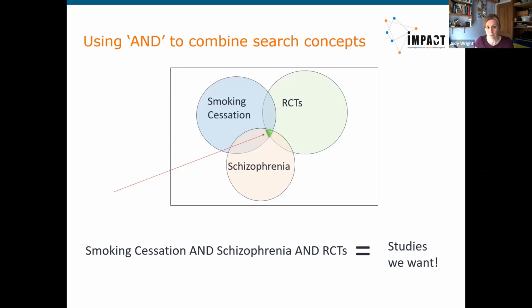Only those are relevant. I'm not interested in smoking cessation trials which don't mention schizophrenia, and I'm not interested in smoking cessation schizophrenia studies which are not trials. All 3 have to be within the same record. So that's where we use the AND and it gives us a much smaller set of results.